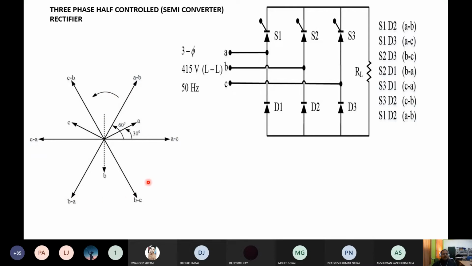After another 60 degree, BA will be maximum positive. After another 60 degree, CA will be maximum positive. Okay. Just one point you note down. If the incoming phase is A, outgoing phase is B. So because of minus B, B is maximum negative here. So which diode will be triggered? D2.